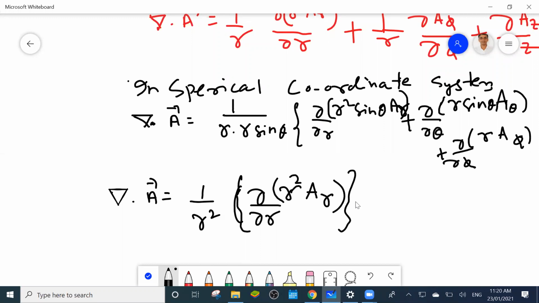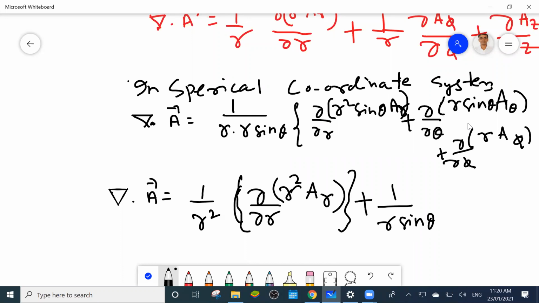Then in the second case, r sin theta is there. Here this r square sin theta is multiplied to every term. So r sin theta, this is with respect to theta, so that A theta sin theta I can keep there. R I can bring outside. So 1 r, these are cancelled, so remaining is 1 by r sin theta. This is partial derivative.